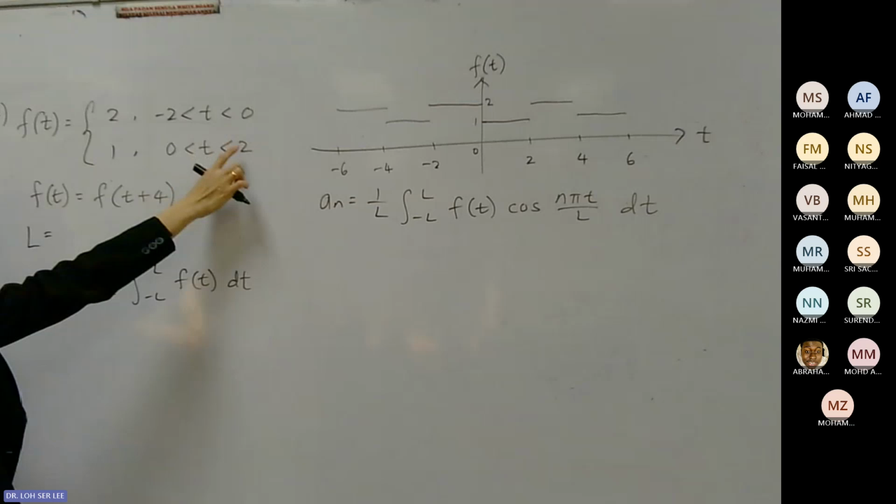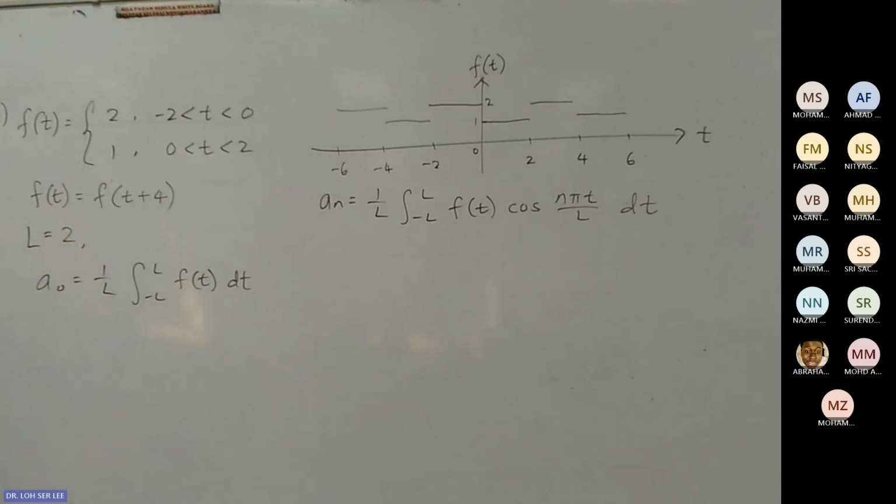Yes, from negative L up to L. So if L is 2, then I'll substitute 2 into the L of A naught.